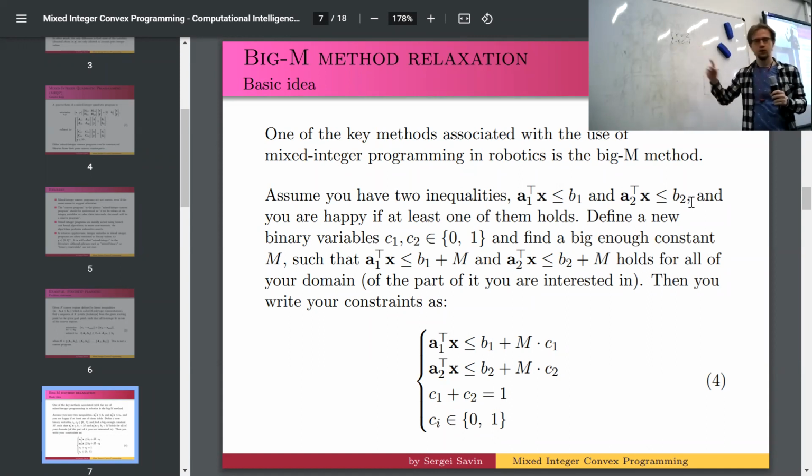Good. Now, we'll introduce two binary variables here, C1 and C2, which can be either 1 or 0. Okay, binaries. Now what we can do is relax our constraints. In which way? Well, let us rewrite the constraints here. Let me try a new marker just to make sure it's visible.